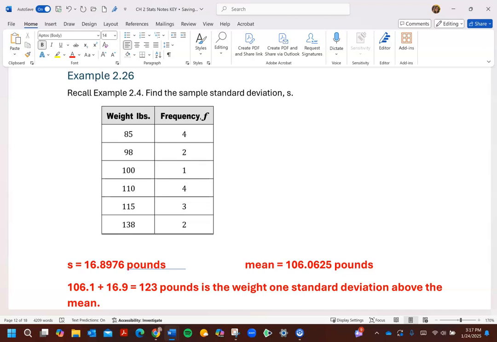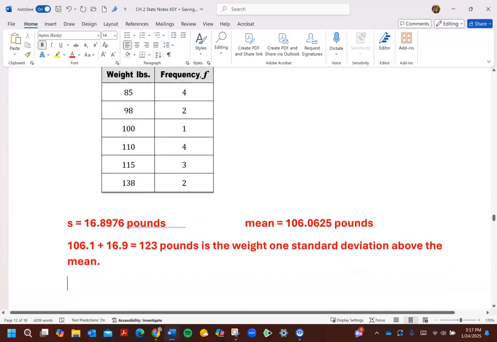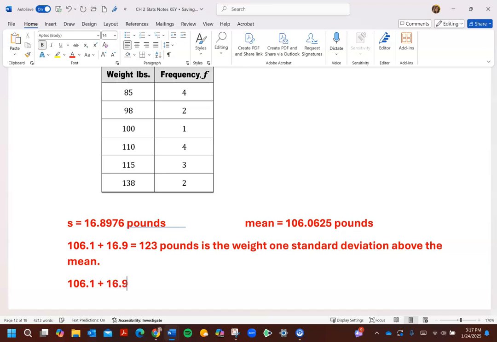And if we had wanted to know what the weight would be two standard deviations above the mean, we would do a similar thing: 106.1 plus the standard deviation, 16.9, multiplied by 2.